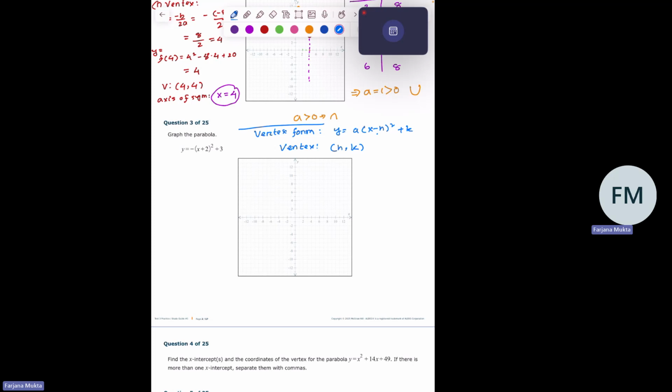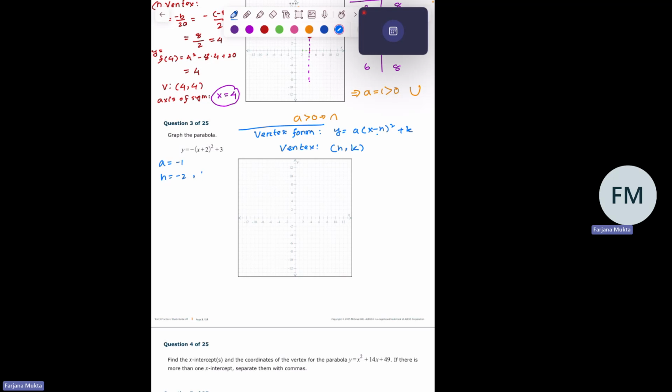So by following the vertex form, what are our coefficients? Our a is what? -1, because look, we have a negative, right? What is our h? Is it +2? No, because we need a negative in between the x and the 2 for the formula. So if we need the negative, which is already positive here, what does it mean? That means our h is -2.